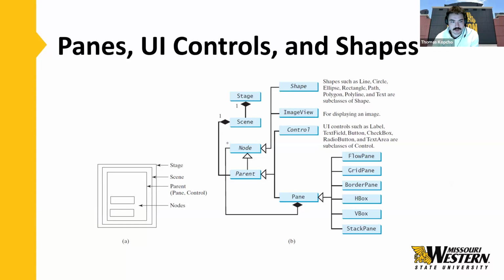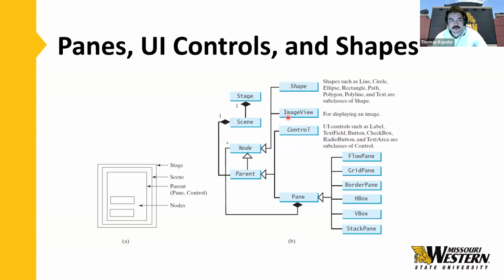You have UI controls here. And a control is a node that handles user interaction, such as clicking, typing, or selecting, right? You can have labels that display text that cannot be edited. You have text fields for text input. You have buttons that trigger an action when clicked. You have a checkbox, radio button, toggle button, whatever you want. Okay, and all these controls extend the javafx.scene.control.Control class.